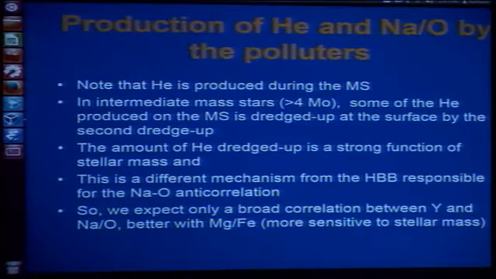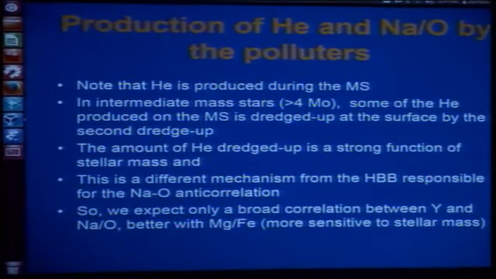It's more complicated. In fact, since the sodium-oxygen anticorrelation can be produced also by less massive stars in the range 3 to 4 solar masses, these may also contribute to the sodium-oxygen anticorrelation. You may have objects in which there is a variation in sodium and oxygen, but no variation in helium, or a very small one.